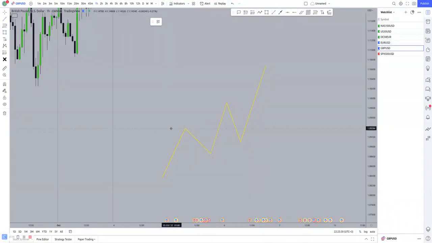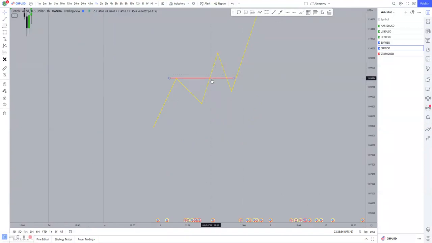Let me show you something. Anything you see above this horizontal line is not valid. Any sort of order blocks you see from here are not valid. The only valid order blocks is anything you will see from below this horizontal line.